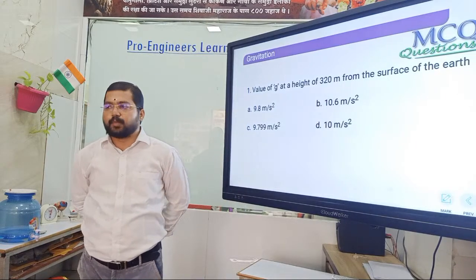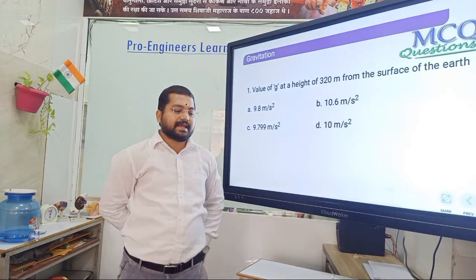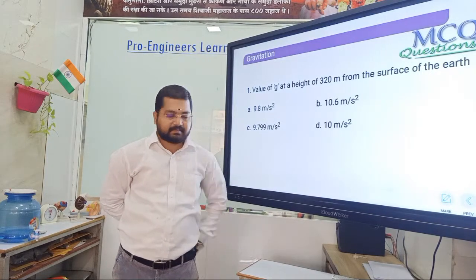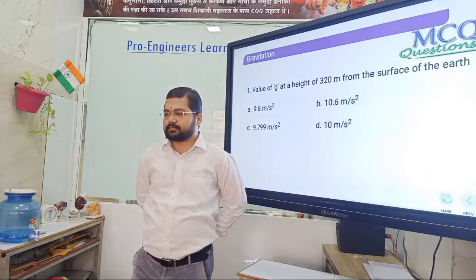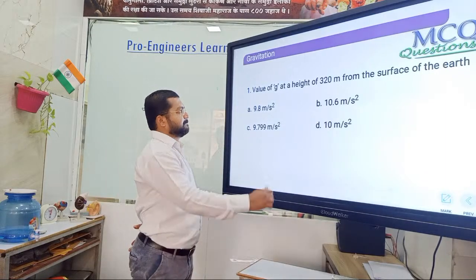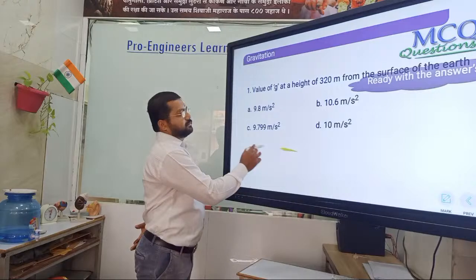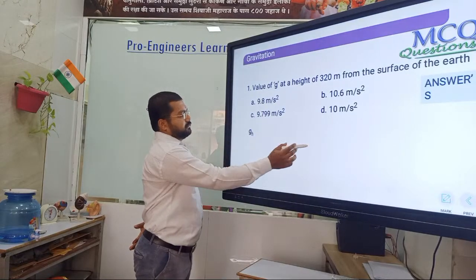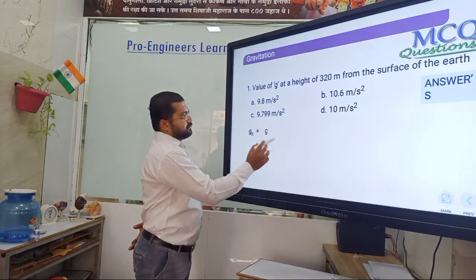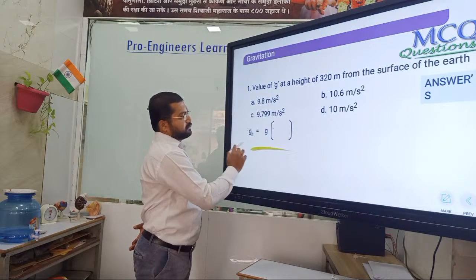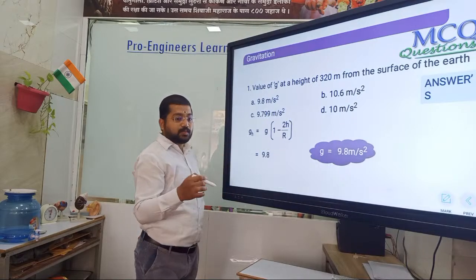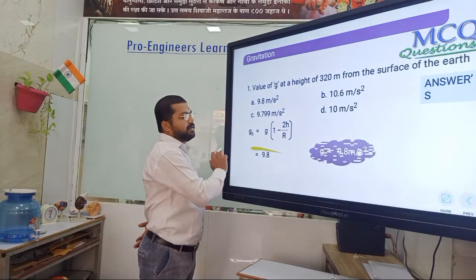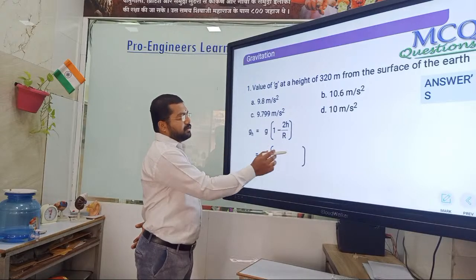And we know the formula capital R plus H. As the height is very small, we have considered the formula 1 minus 2h upon r.